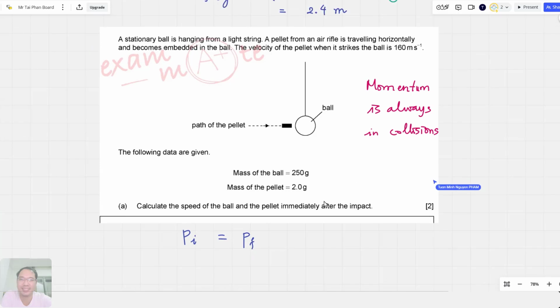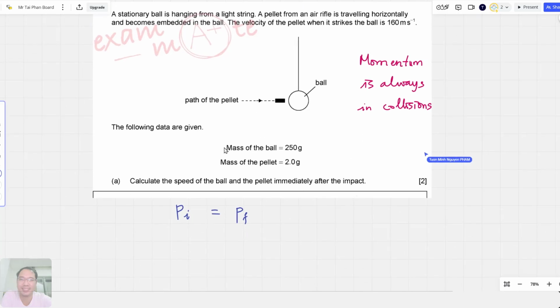Initial momentum is the momentum of the pellet, which is 2 grams multiplied by 10 to the negative 3 to convert into kilograms. Or you don't need to do the conversion. It is perfectly fine because the masses on both sides of the equation are in the same unit, gram and gram, and therefore you can skip the conversion to kilograms. Multiply by the velocity of the pellet right before striking the ball.